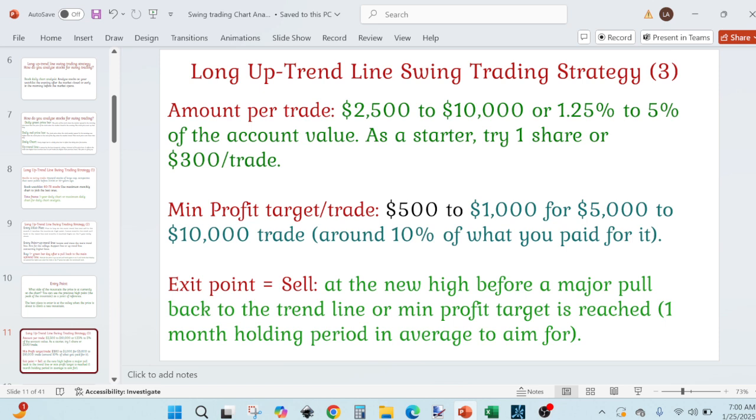10% of whatever that one share costs you is a good profit to lock in, get out of it, and then repeat the process again. So if that's $1 profit after you pay the brokerage fee, that's okay, that's good. It increases your capital by $1, and it gains you some practice and some real experience.